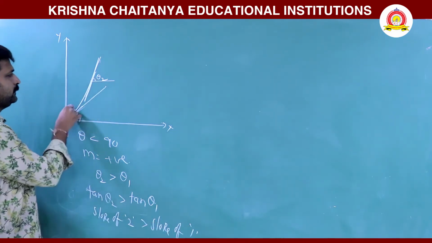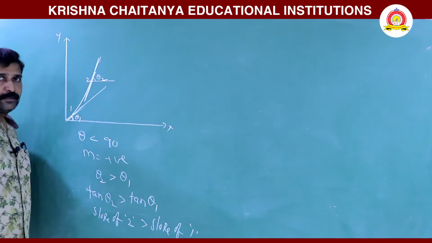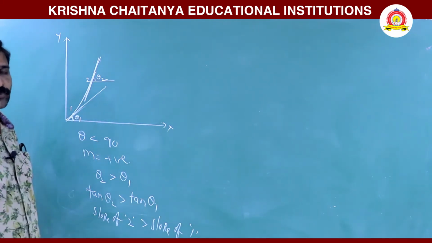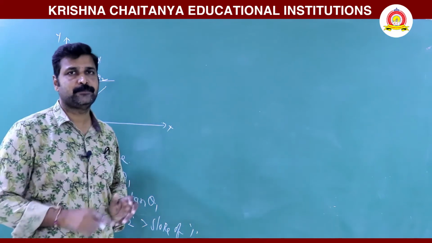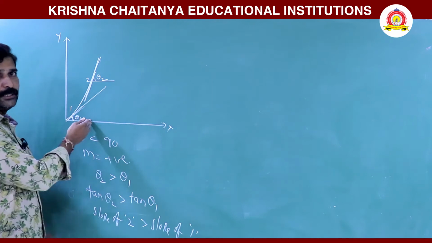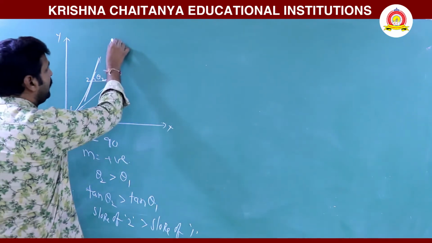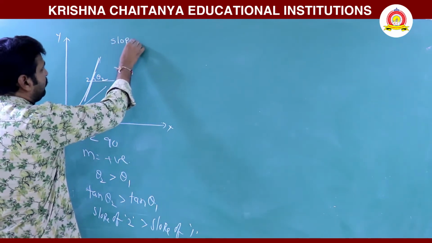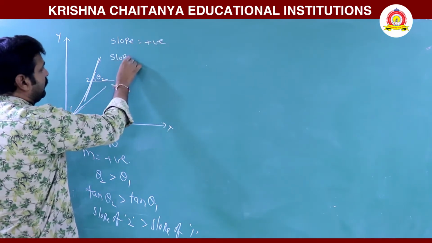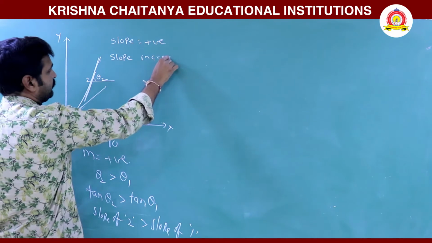So this is a curve where the slope increases and the slope is positive. For this curve, the two points to note are: slope is positive, and slope increases.